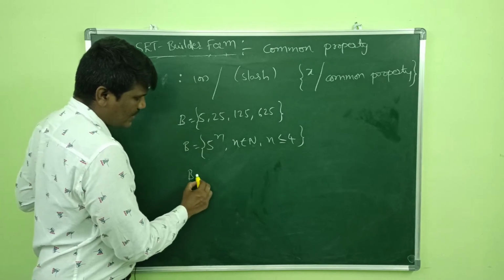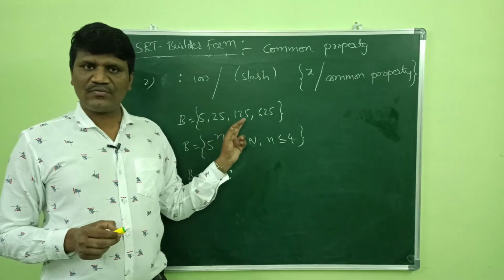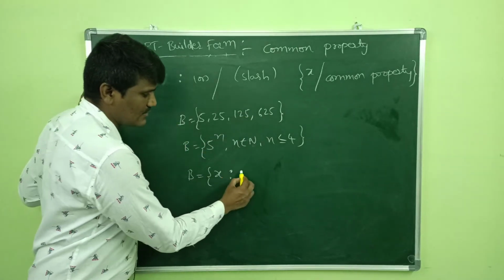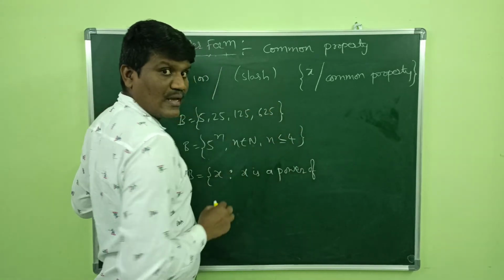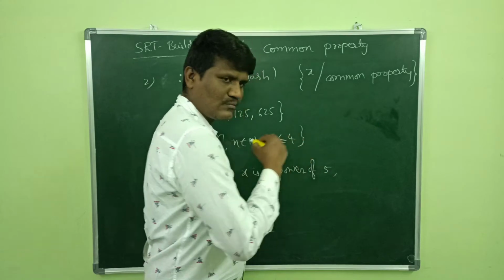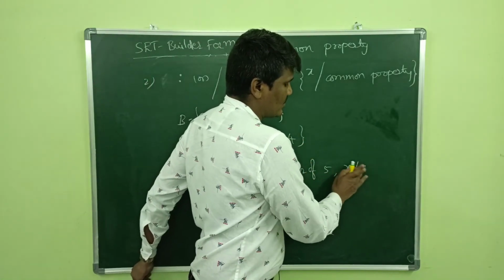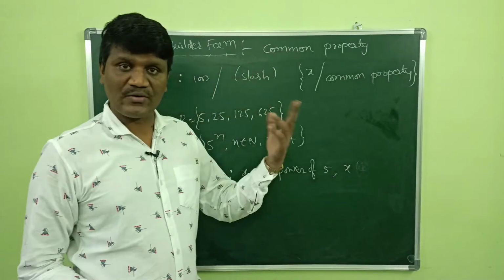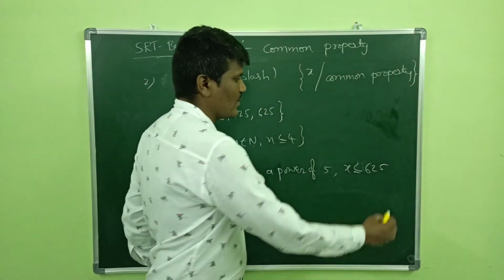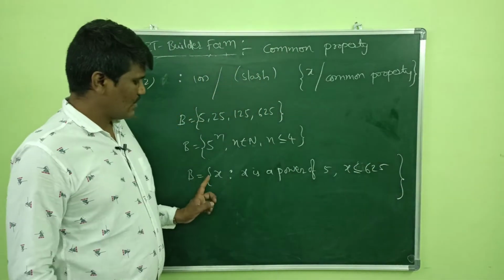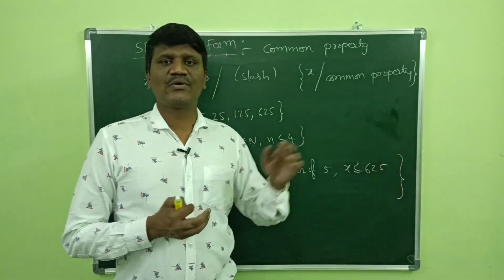In the same way, second I can write as x such that x is a power of 5, that is 5, 5 square, 5 cube, 5 power 4, and x less than or equal to 625. You can write like this.